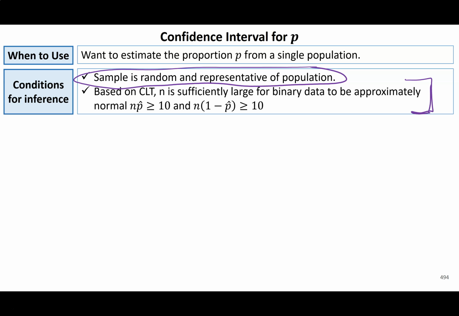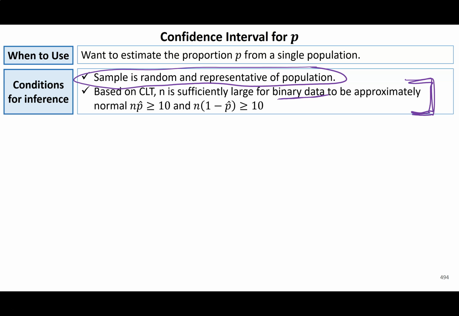And then here is where things change up, because remember before we had to say the sample size has to be big enough. Well, it's changed a little bit. We are looking at what's called binary data. So we have a categorical variable and we've broken it up into two categories.